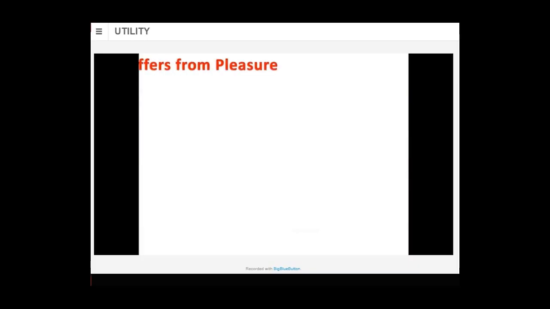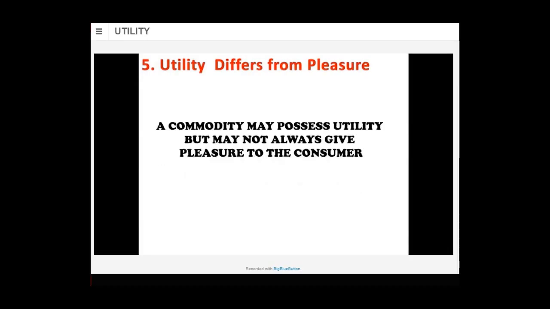Utility differs from pleasure. ऐसा नहीं है कि जो चीज आप एंजॉय करेंगे, जिसमें आपको प्लेजेंट रहेगा, उसका ही यूटिलिटी रहेगा, ऐसा नहीं है. Even if you do not enjoy the product, it will have utility.